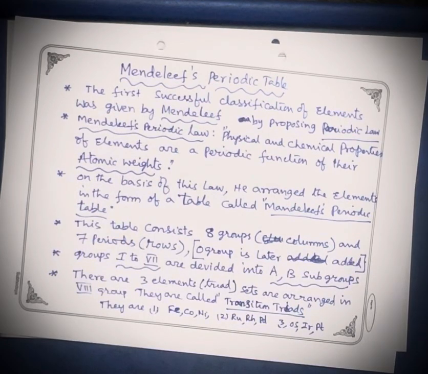subgroups. For example, in the first group you take first A, first B, second A, second B, third A, third B. Like that, each group of elements is also subdivided into A and B subgroups.